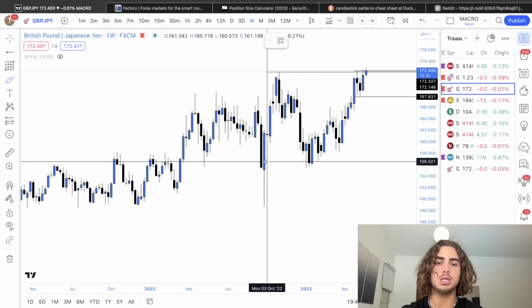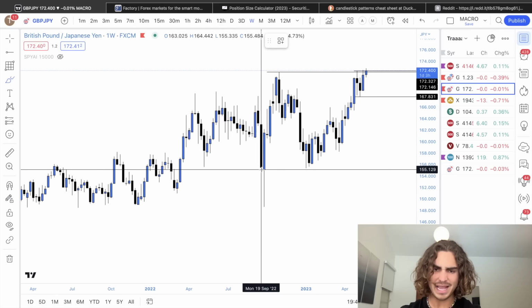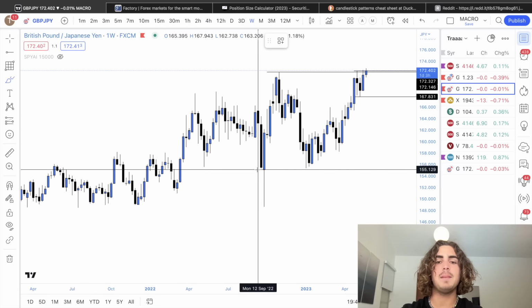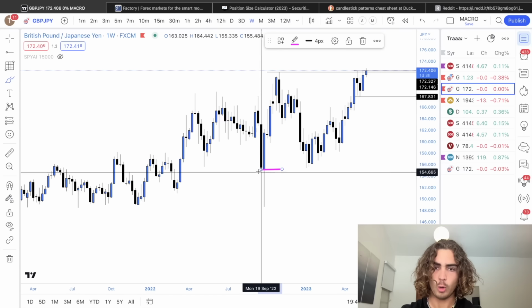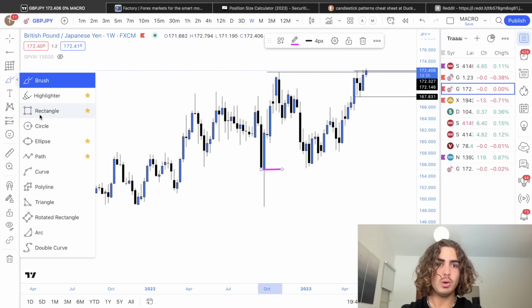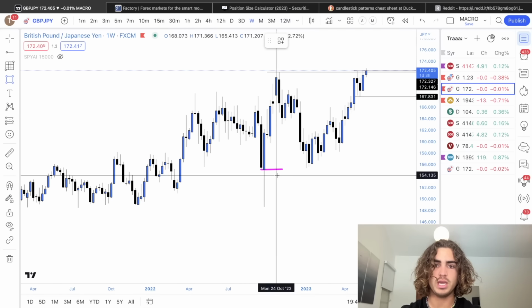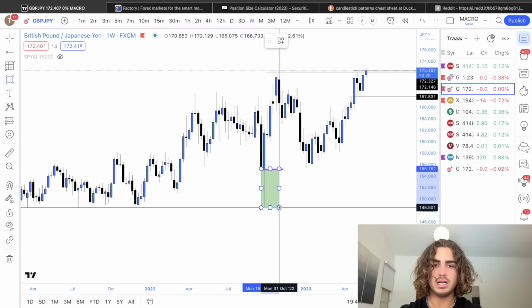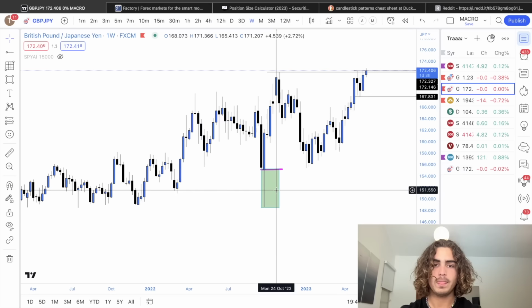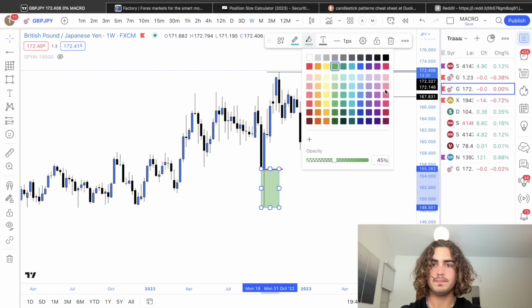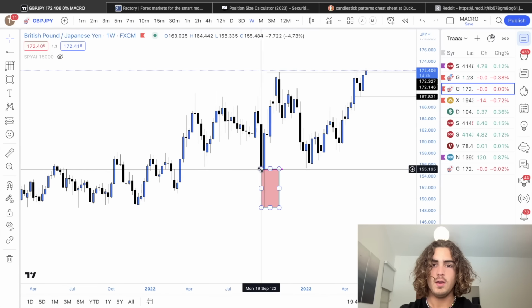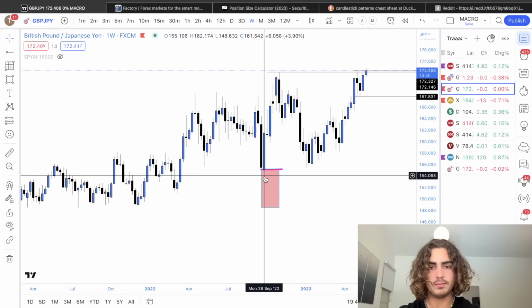We see this long wick to the downside. Remember guys, we have to understand that price was opened here. So at one point in time during this week, price was literally a big red candle from this point down.